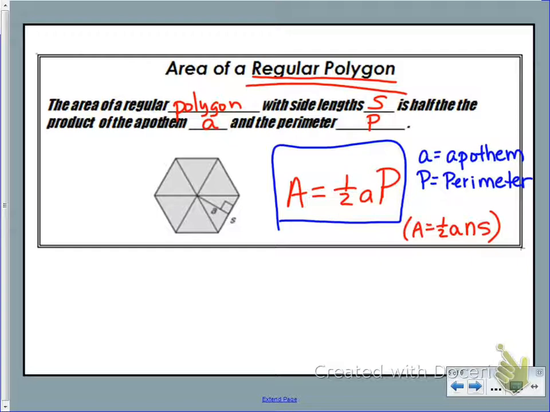Now a quick reminder, the apothem goes from the center point of the polygon and makes a perpendicular bisector to any one of the sides. So I really could draw in several apothems to each of these, but what we're going to do is just focus on one of the triangles when we work with our area.